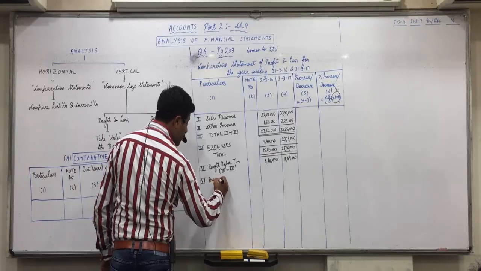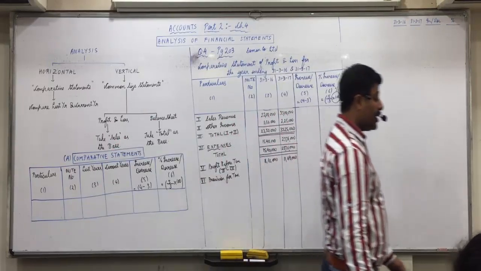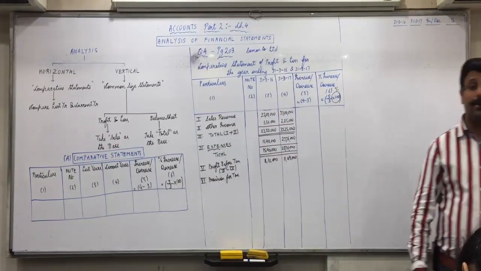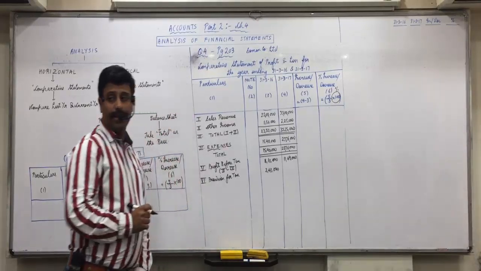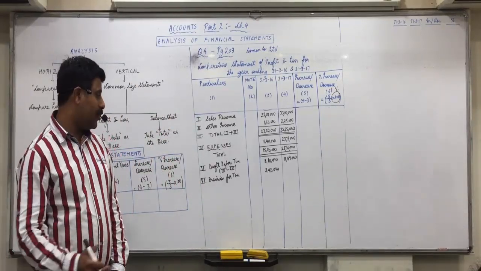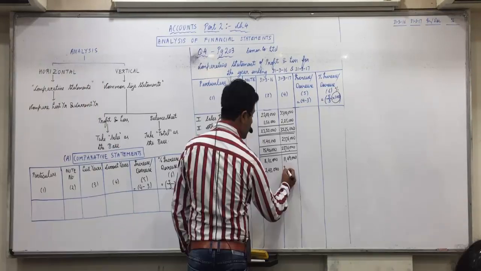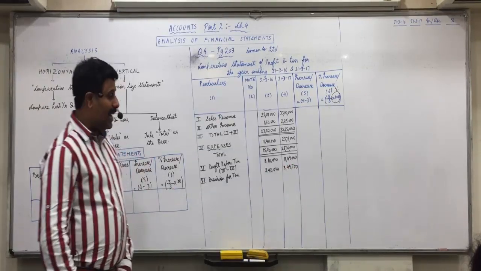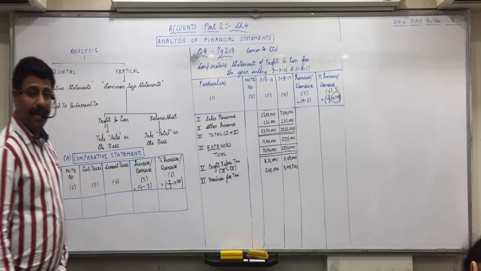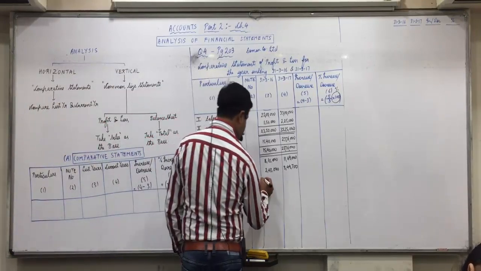Krishna? Provision for tax. The income tax rate is 30%. So 8 lakh 10,000 into 30%, 2 lakh 43,000. 11 lakh 49,000 into 30%, 3 lakh 44,700.